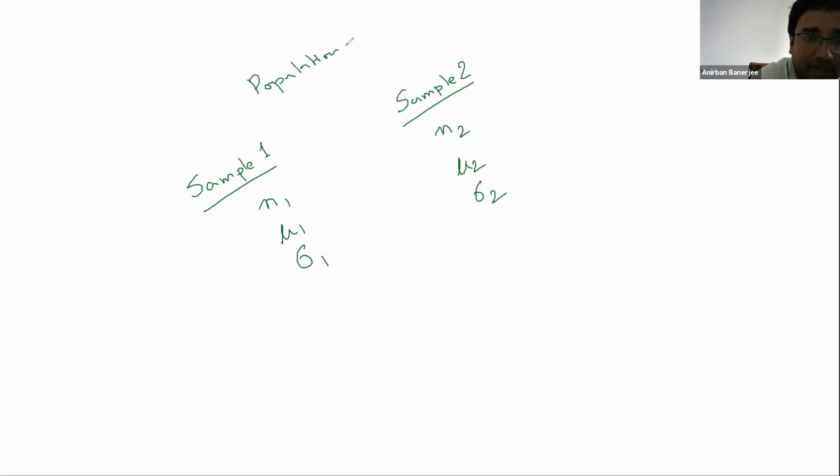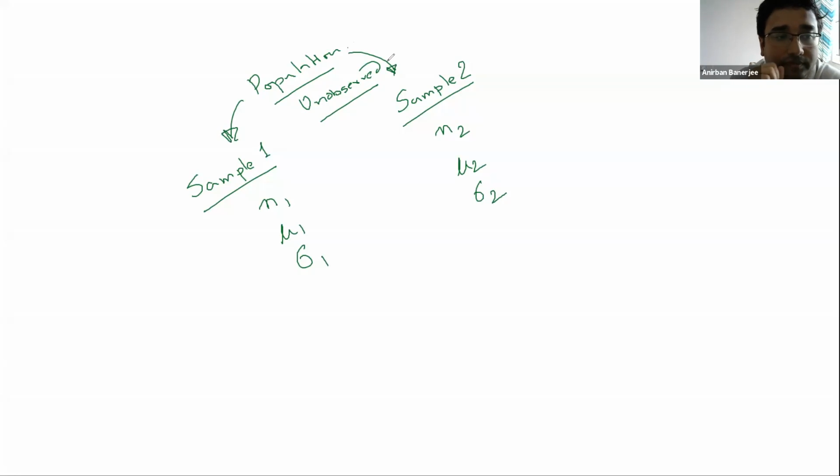Both of these samples are drawn from the population, but the population in itself is unobserved. You don't have access to the population data. You have access to sample 1 and sample 2. Now what is standard error for, say, sample 1, and how does that help you?